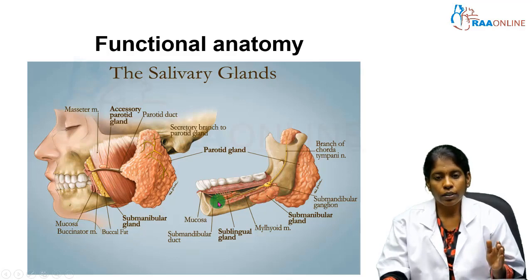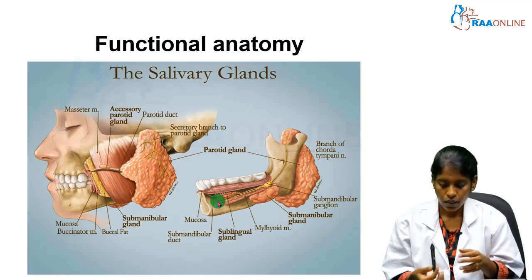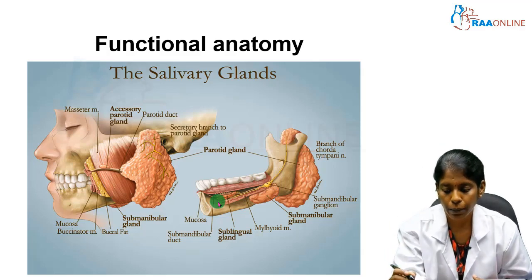Based upon the type of cells they have, the glands can be divided into three types: serous type, mucus type, and mixed type.